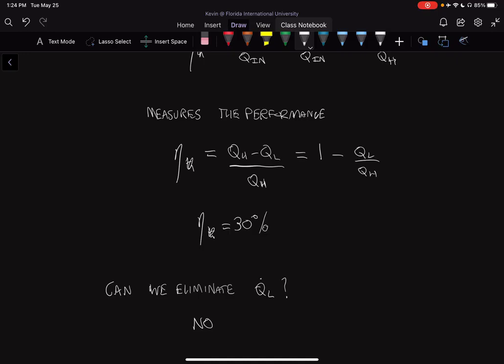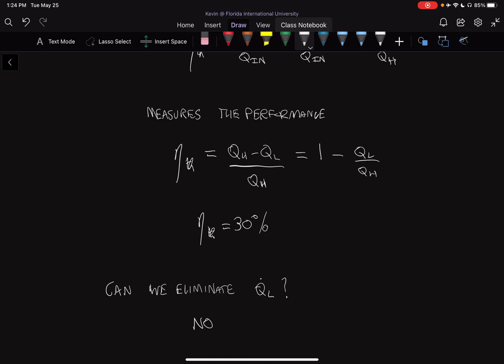But that's not really a satisfactory response when we're engineers. We want to really understand if it's possible or not to eliminate QL completely. So instead of using a power plant, which is a pretty complex system, let's use a simpler system to explain if we can eliminate QL or not.